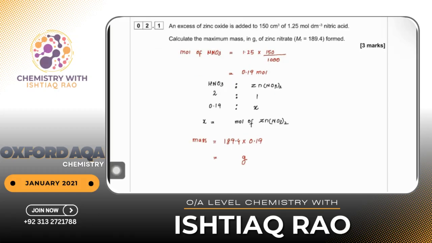So you'll divide it by 2. So 0.093. 17.6. Yes.